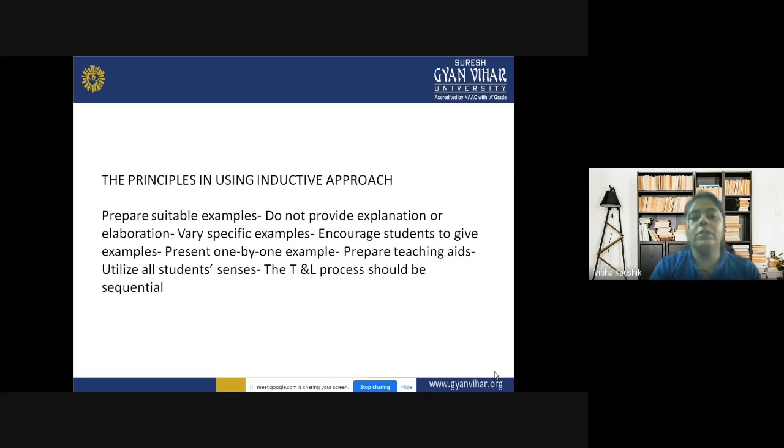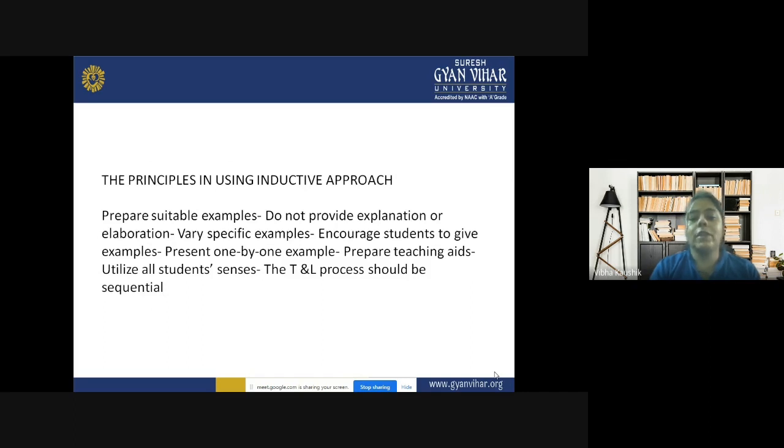The principles in using inductive approach: prepare suitable examples. The teacher has to prepare suitable examples related to the topic that he is going to teach. Do not provide explanation or elaborations. Means first the teacher has to just select the suitable examples related to that.